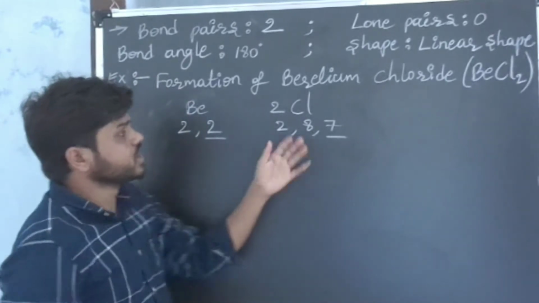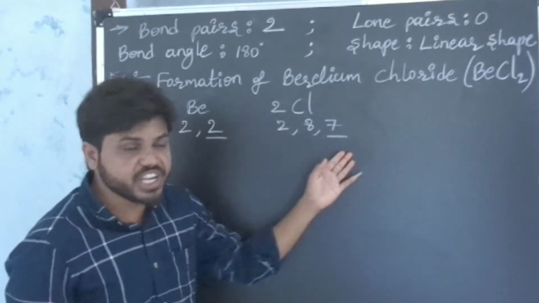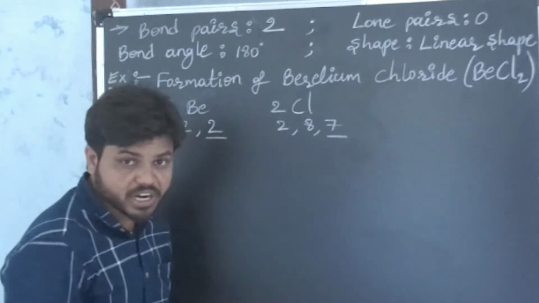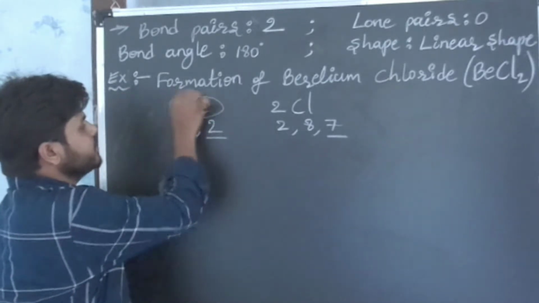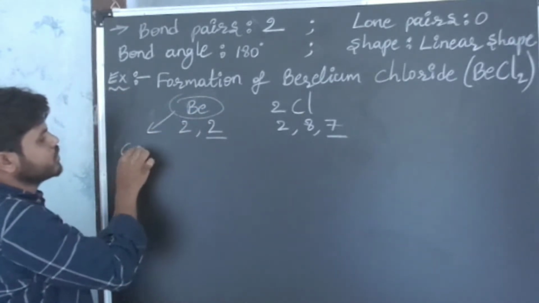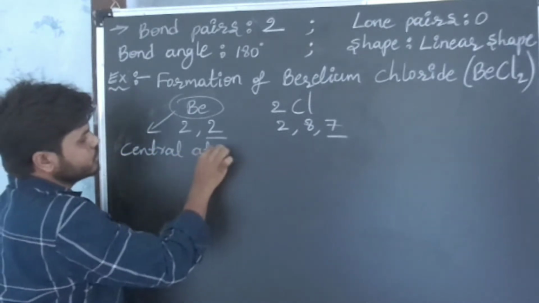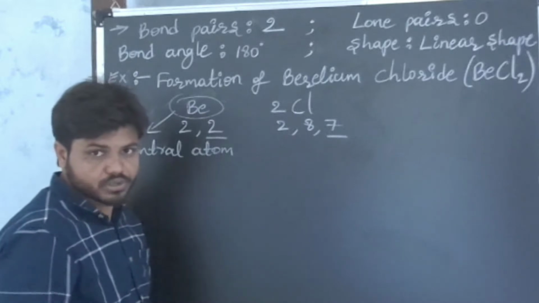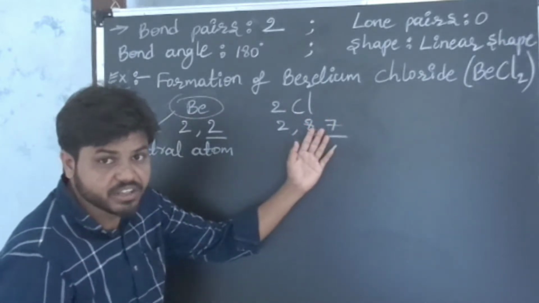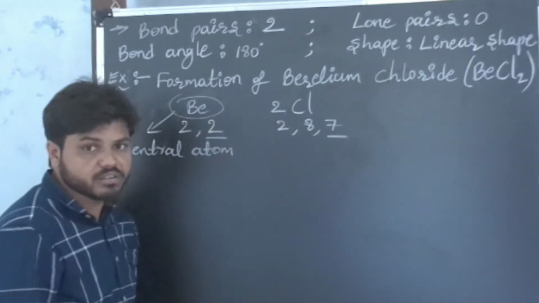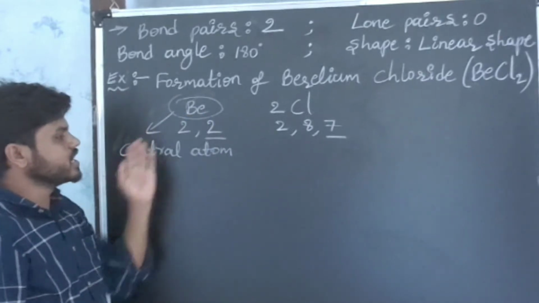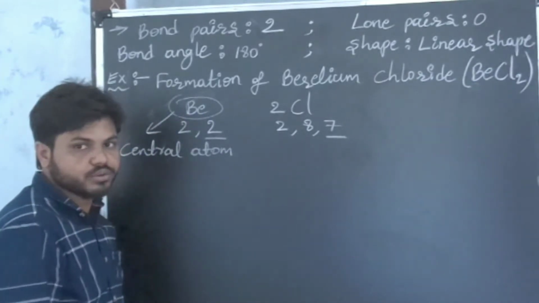See here, two chlorine atoms are sharing electrons with one beryllium atom. That's why this beryllium will become the central atom of the molecule.